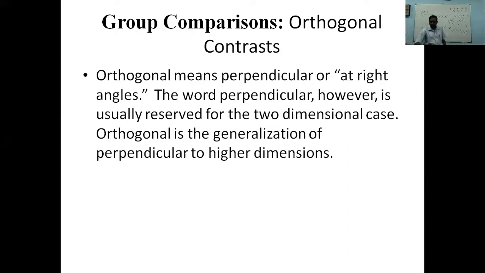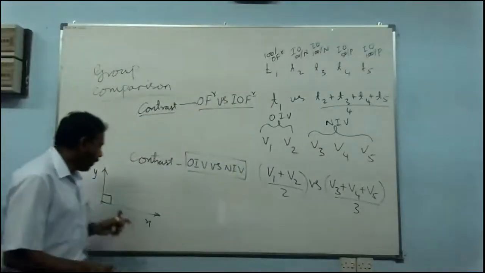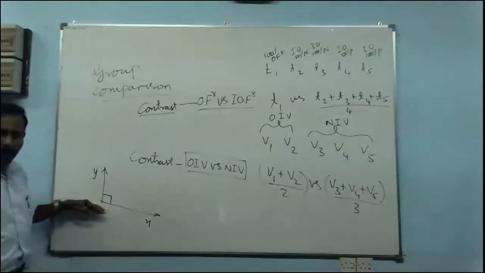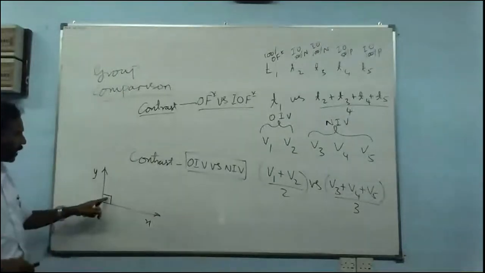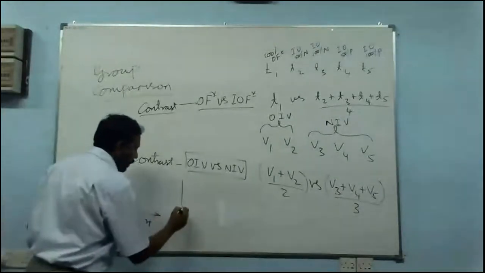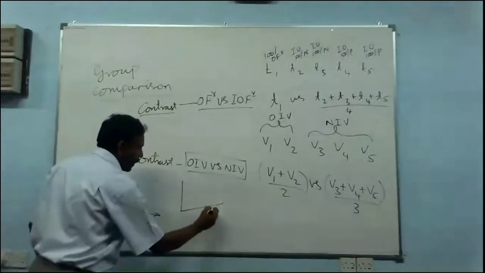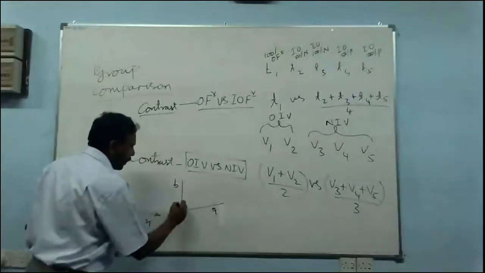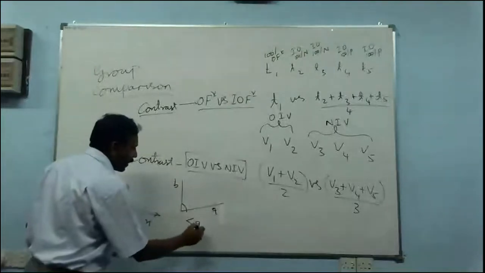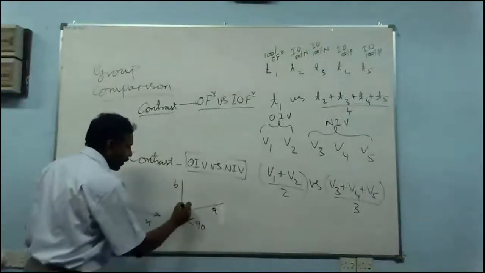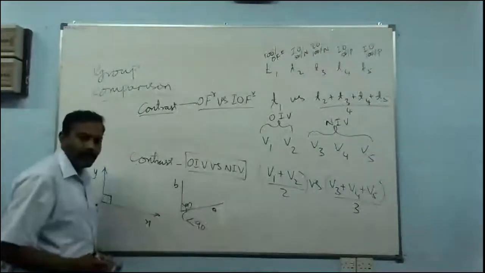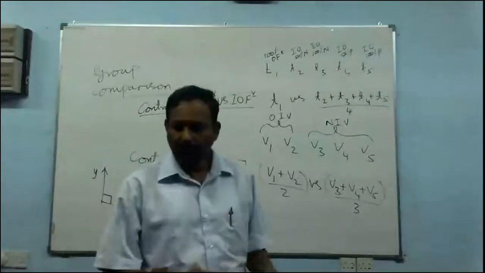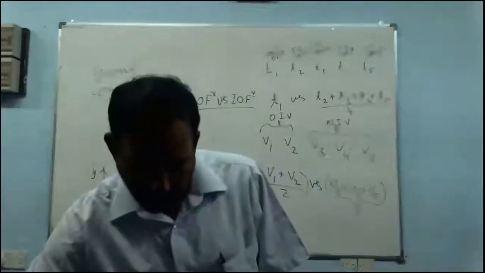Orthogonal means if you have a right angle between two axes, 90 degrees. Let's say this is A, this is B. This is not 90 degrees, this angle is less than 90 degrees. So A is not orthogonal to B. That is what we call the orthogonal concept.